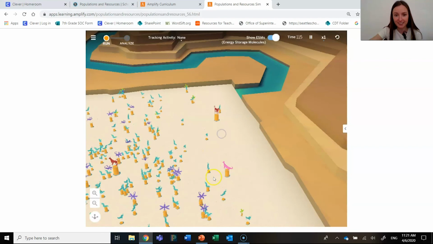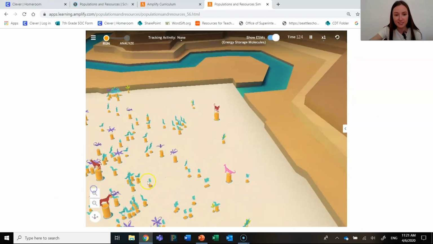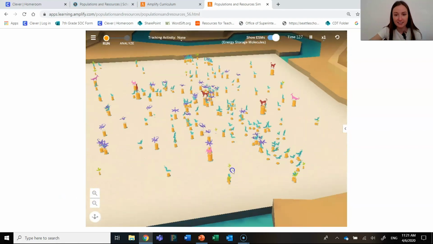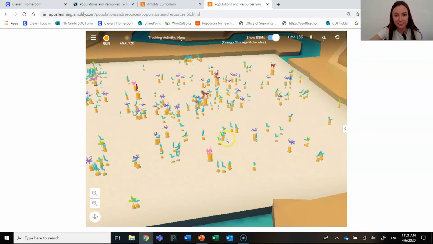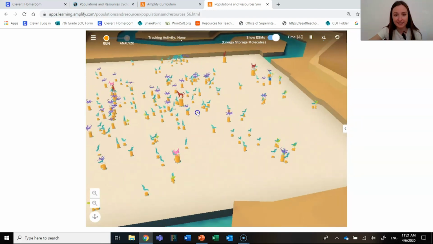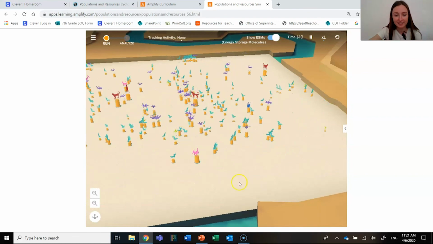They're just kind of standing there. Their energy storage molecules are decreasing. Let's take a look. Yeah, again, they're not really being affected.